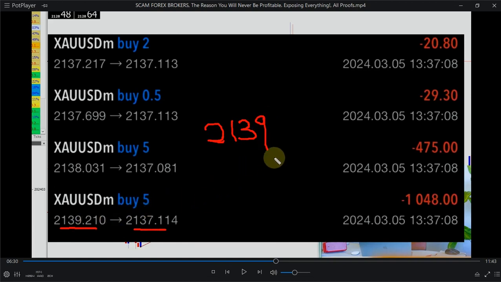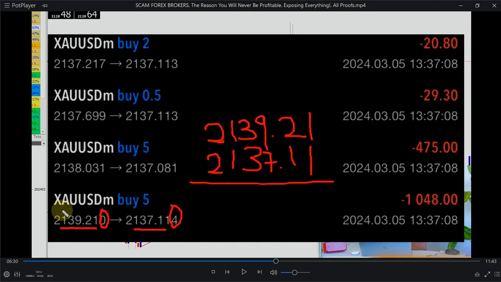So let's do this. 0.21. This is the entry, and this is where the market retraced to. So let's look for the pips here. When checking for pips on gold, you ignore this last number. So let's see how many pips that was missing here.